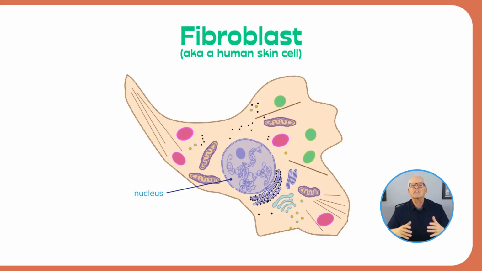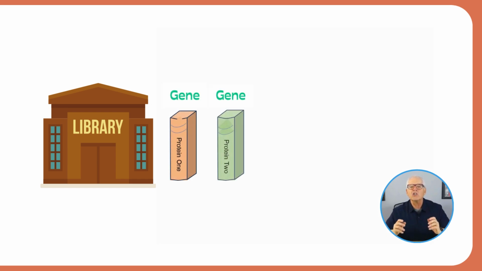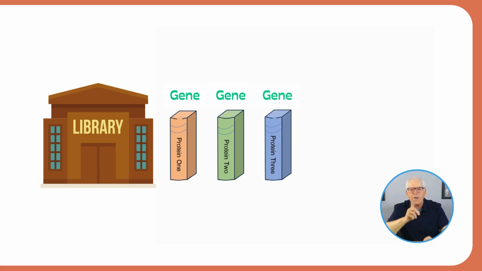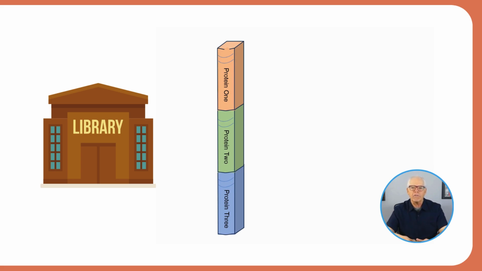In my second video, I made the analogy that the cell nucleus is like a central library. Each of the books in this library are called genes, and each gene is the instructions for making one of the proteins of the cell. The instructions are written in DNA. Unlike an actual library, the books in the nucleus are attached to one another, and they don't leave.